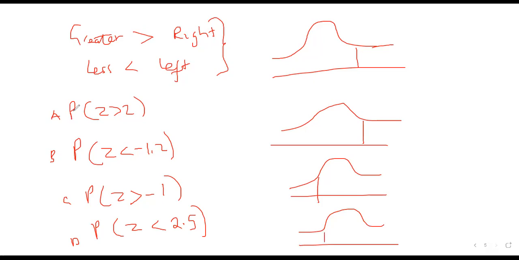So A, Z greater than 2. So greater than 2 is here. We're shading to the right. Less than 1.2. We got the 1.2 is on the left side, so we're shading here. Then less than 2.5. 2.5 is here. We're shading on the left side. Greater than negative 1. Negative 1 is here. Shading on the right side.